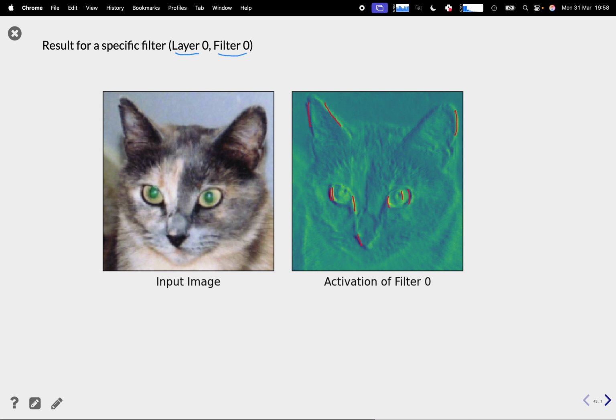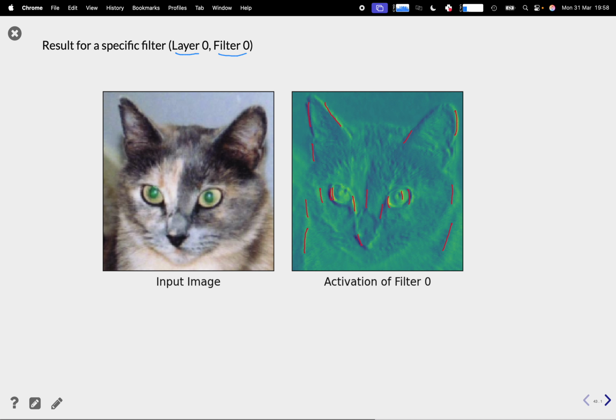Sort of vertical lines basically. It responds mostly to vertical lines in the image. And so the same filter will do the same thing no matter what the input image is. It will always respond to vertical images.